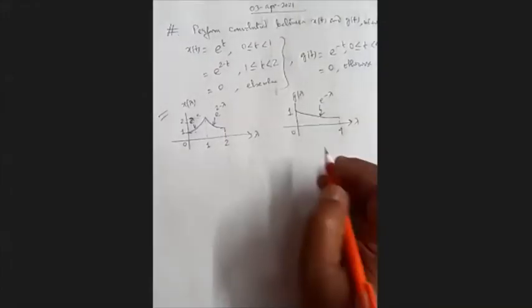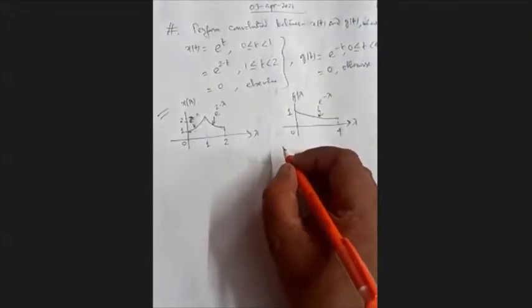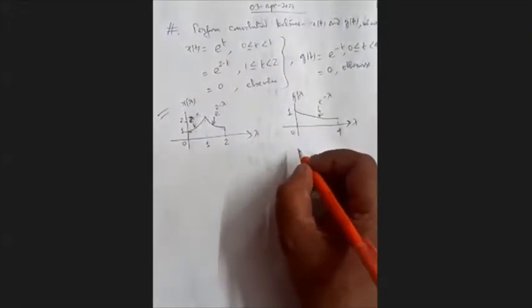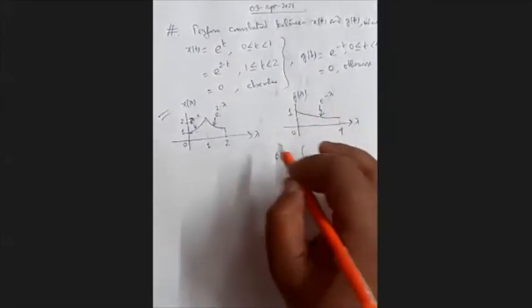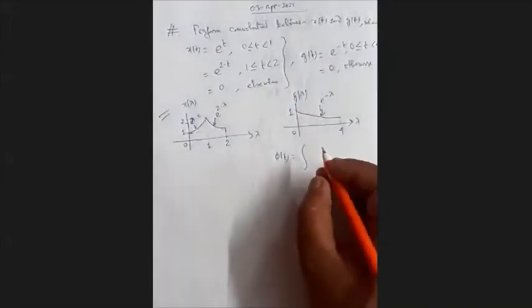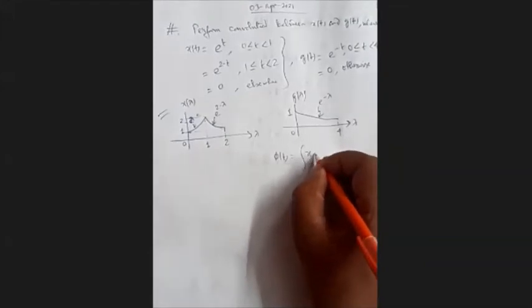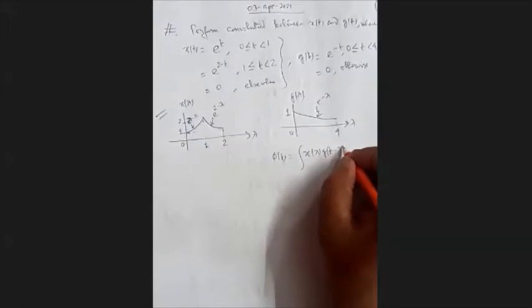So our convolution phi(t), better that we take g(lambda) as the second function, because it is simple in nature, and it will be easy for us to apply different steps. So it will be something like the integral of x(lambda) g(t minus lambda) d lambda, from minus infinity to plus infinity.